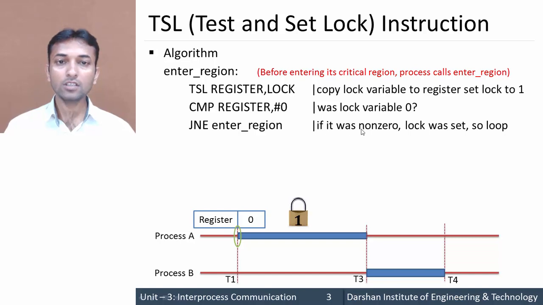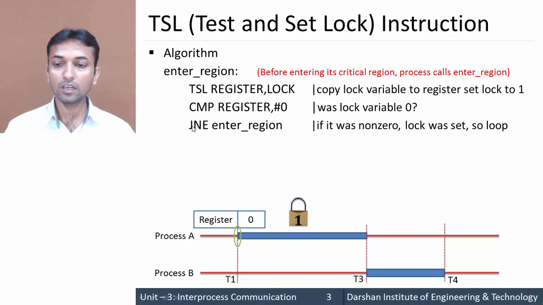Now if it was not 0, meaning if the value of the register is not equal to 0, then from this instruction your cursor is moved to the name of this function, that is enter_region. So if the value of the register is not equal to 0, then your cursor will be moved from instruction number 3 to enter_region. Again the same process will follow these two steps.